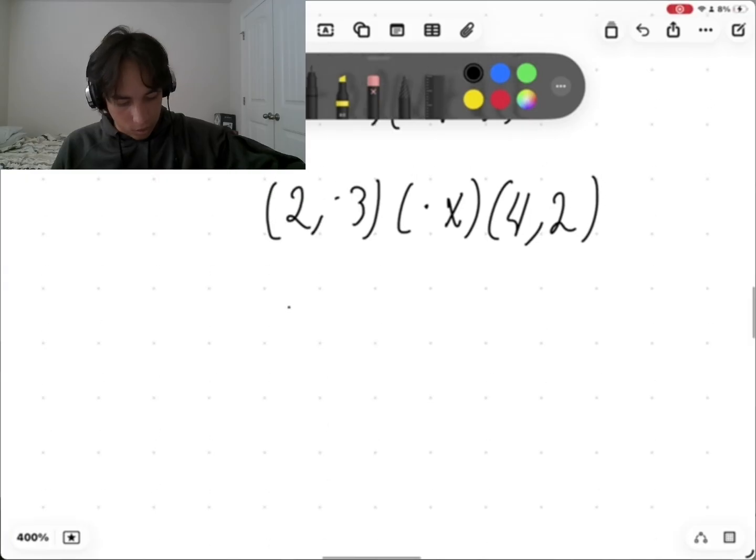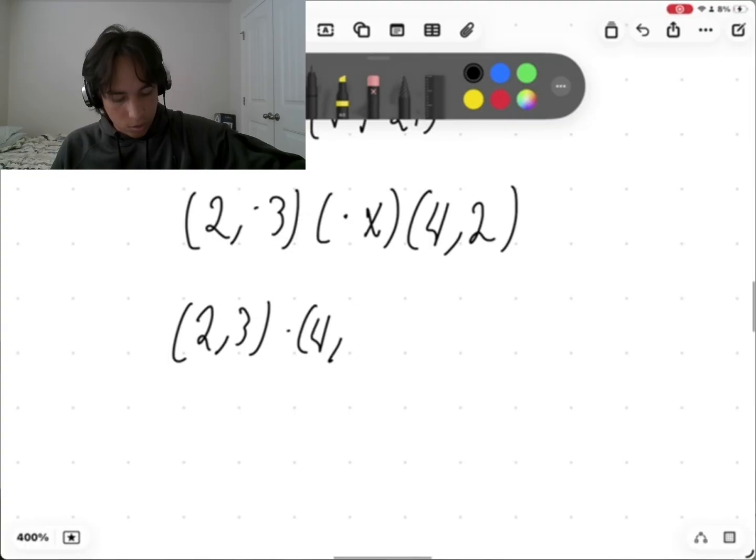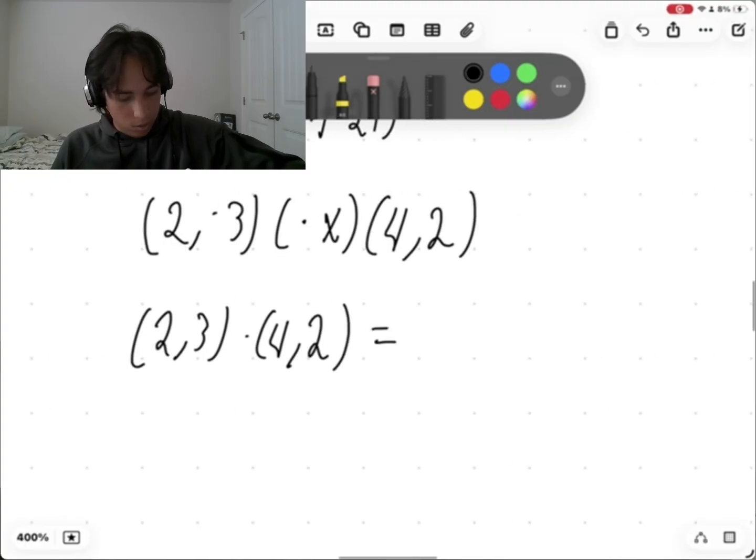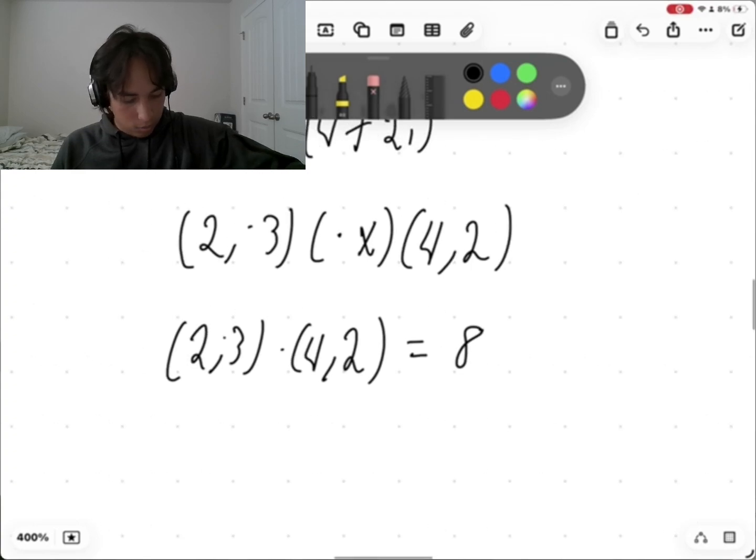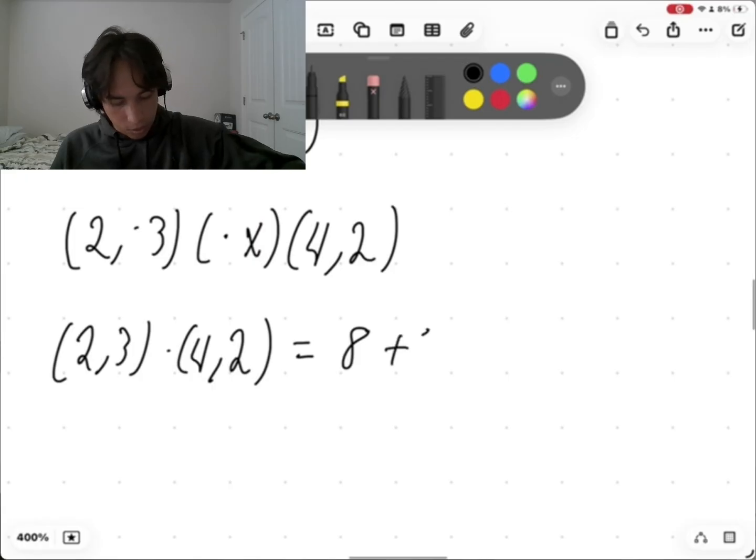So if we try the dot product, this becomes 8. 2 times 4 is 8 plus 6 equals 14.